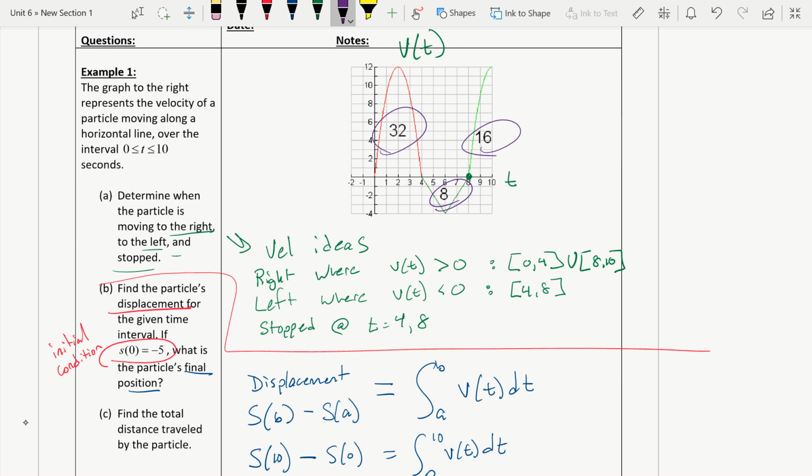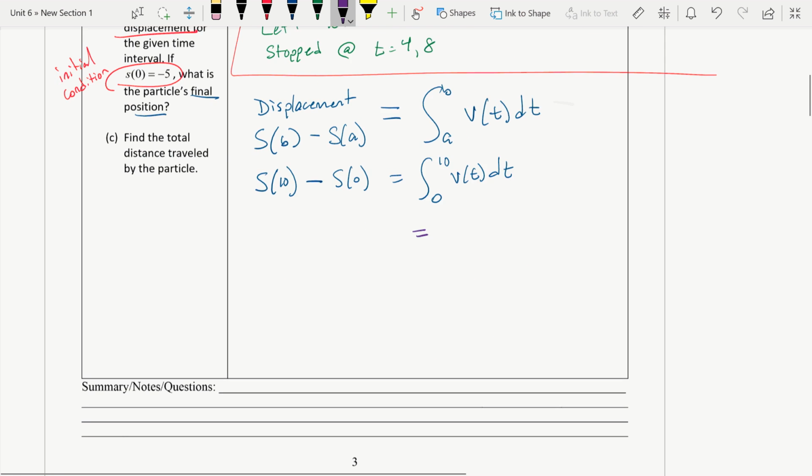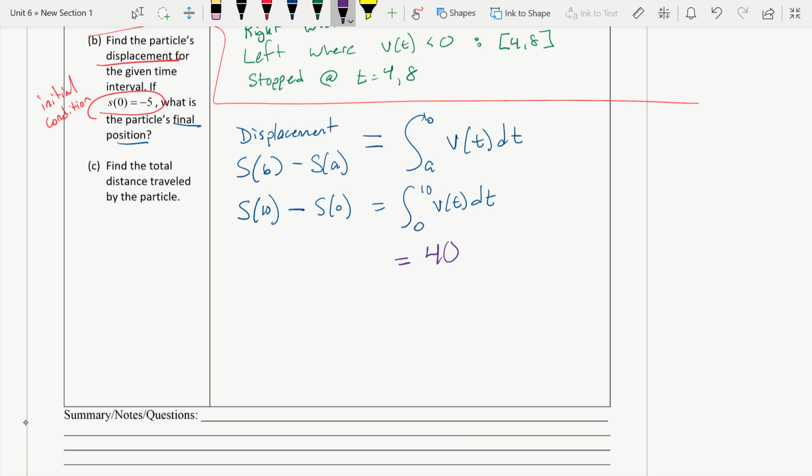Make sure you consider the one below the axis negative, because that would be when it's got a negative velocity, so it would be displacing backwards. So 32 and 16 would be 48. Then minus 8 would give us a total of 40. So that's one of our answers.